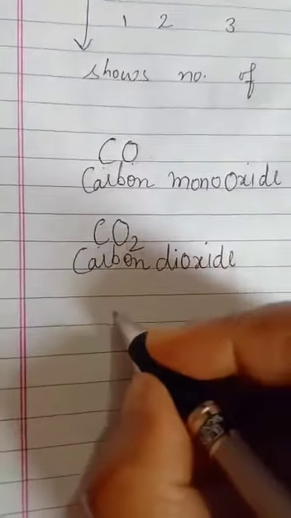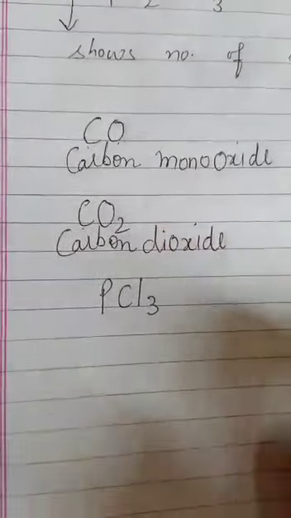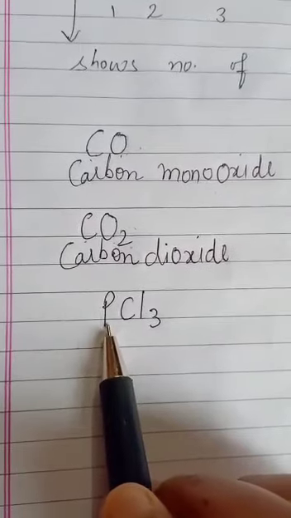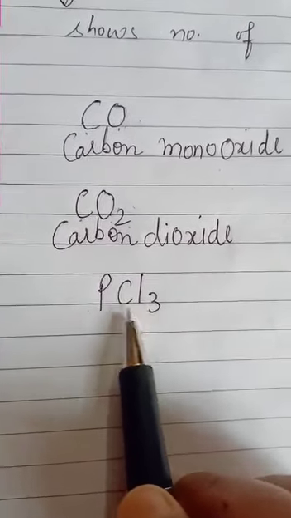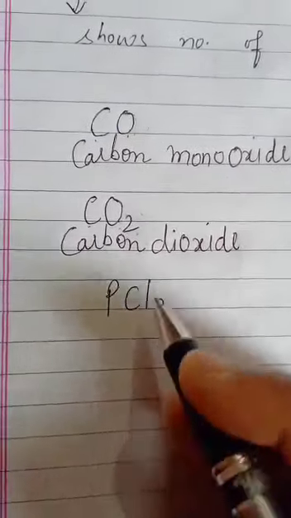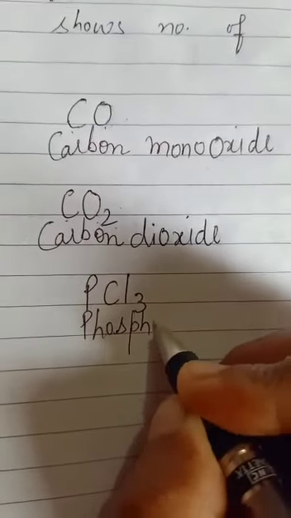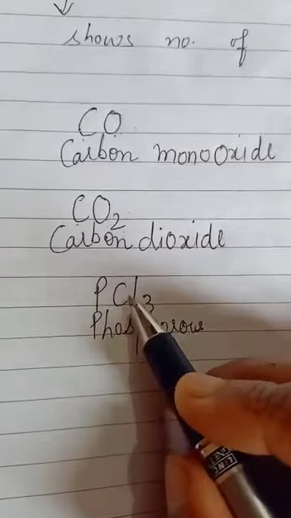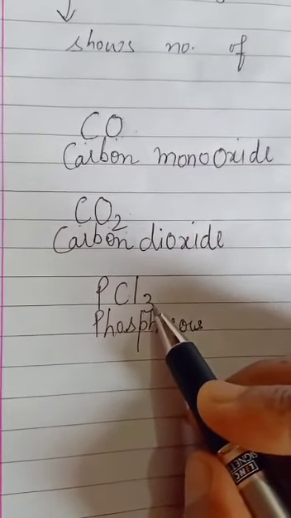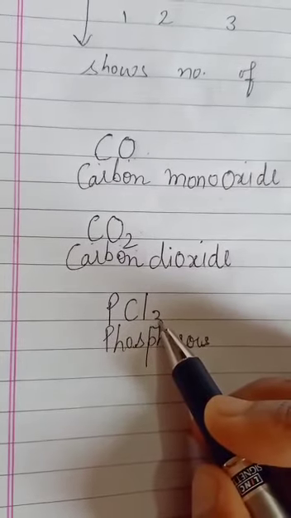Let's take one more example, PCl3. P is the symbol of phosphorus and Cl is the symbol of chlorine. Both are non-metals. So for the first non-metal, we'll name this non-metal as it is. For the second non-metal, use the suffix ide and a prefix to show the number of atoms.